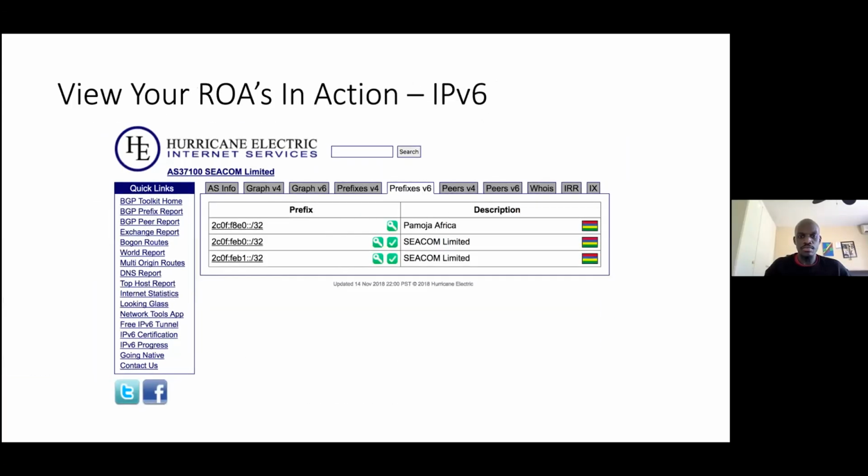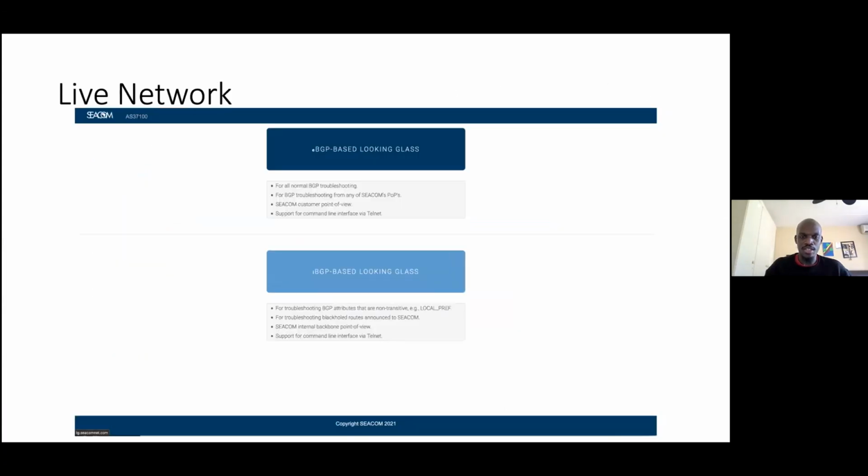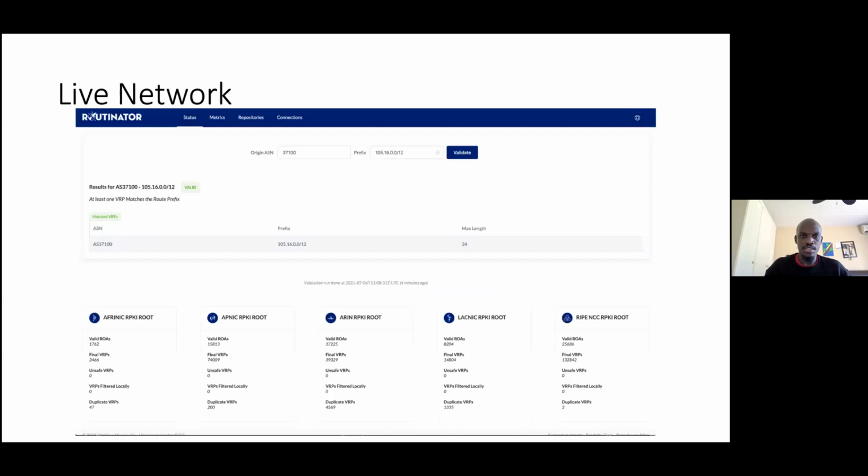Yeah, so obviously, if you're good at coding, there's many options there. But what you can do, for example, is use a validator that has a front end, then you can get this information. For example, Routinator will give you this front end, and you can see the routes that it sees marked as valid, invalid, or not found.